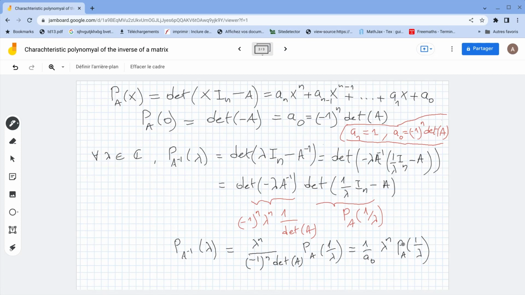This quantity, lambda to the n times P_A of 1 over lambda, is a polynomial called the reciprocal polynomial of P_A. It is the reciprocal polynomial of the characteristic polynomial of A. So I can say that the characteristic polynomial of the inverse of a matrix is the reciprocal of the characteristic polynomial divided by a_0.